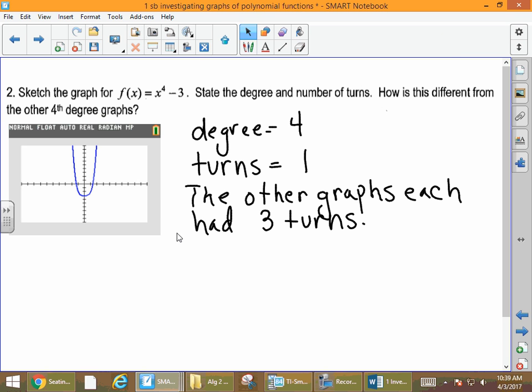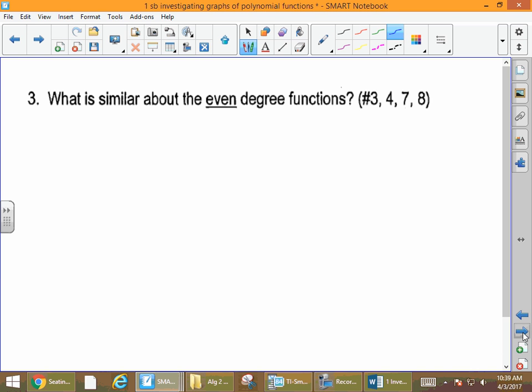But really, what I want to make sure to talk about is problems 3 and 4, because it says what is similar about the even functions. Because specifically, I wanted to look at the domain and range. But what's similar about the even degree functions, if we go back and look at them?